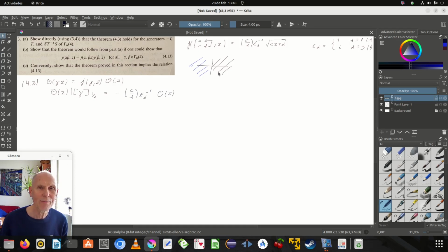So let's try and verify it with minus I and t, where we know phi is invariant. So it's 0 over -1. I thought that was 0.